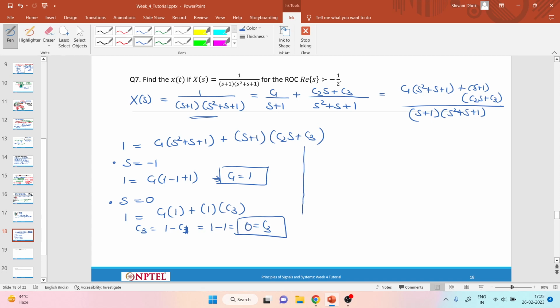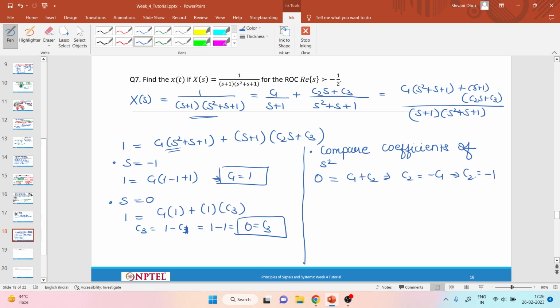Now let us try to find out the value of c2, and for that I'll compare coefficients of s square. So if I do that, in LHS I have 0, which is equal to c1, which is the coefficient here, and here I have plus c2, which means that my c2 is equal to minus c1, which implies that my c2 is equal to minus 1.